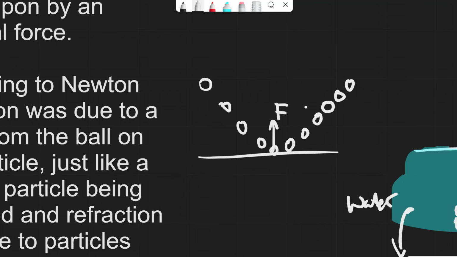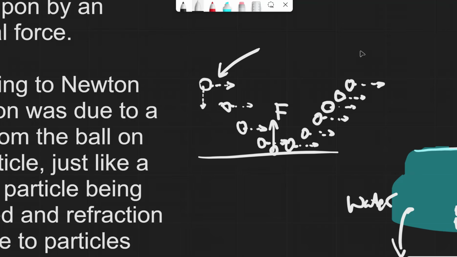So if the particle has two components of the velocity, so let's say that it's going down and it's also going to the side, the horizontal component will remain exactly the same for all of these particles before and after the reflection. All of these vectors are going to be the same, but it's the vertical component that will change.